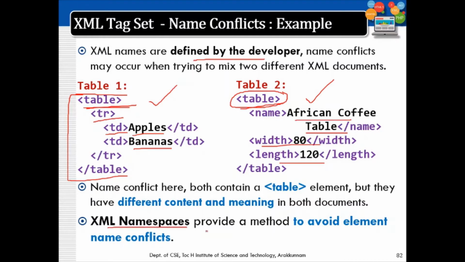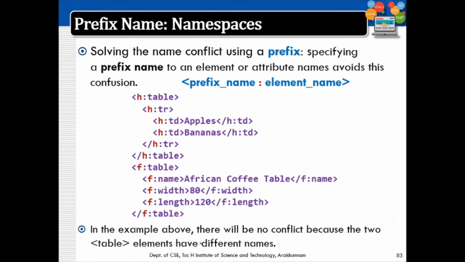XML namespaces provide a method to avoid element name conflicts. Namespaces are written using a prefix and a colon, specifying a prefix name for an element or attribute name to avoid the confusion.